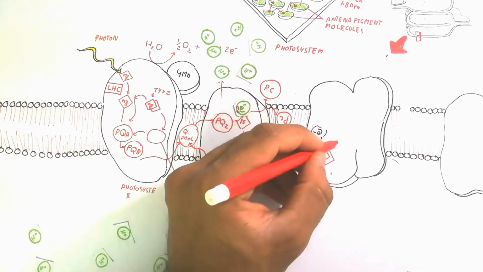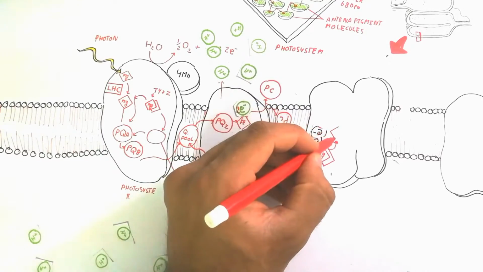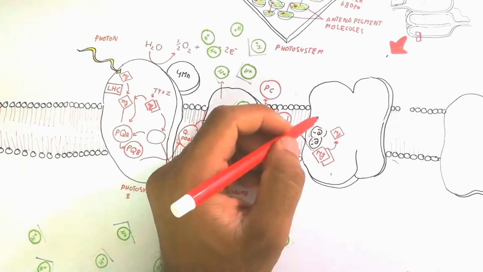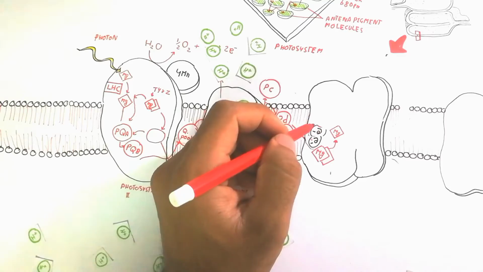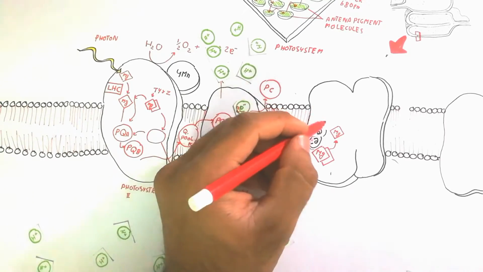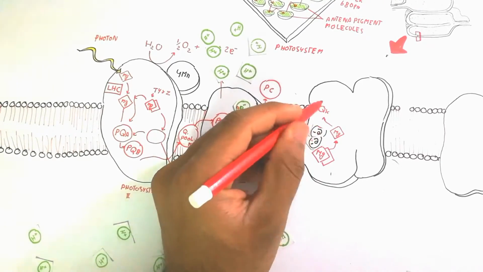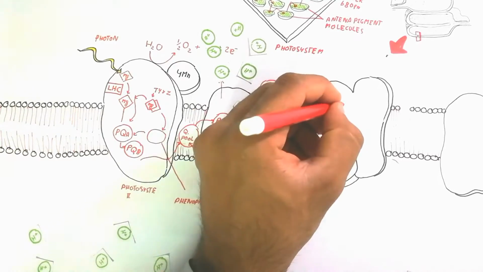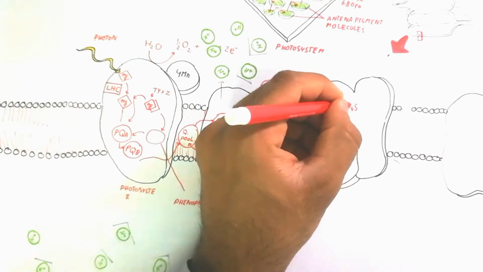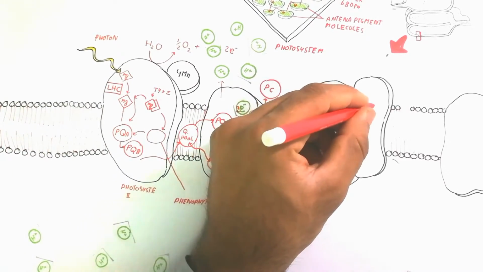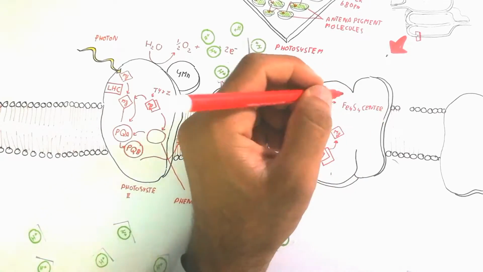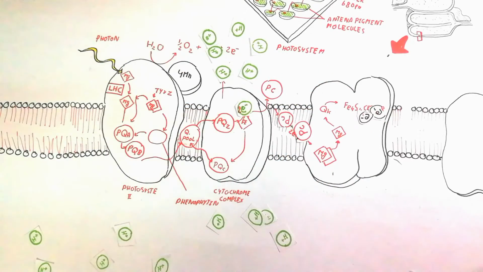Plastocyanin transfers the 2 electrons into the magnesium special pair, and then plastocyanin goes back again to accept another electron, and the cycle continues, back toward the cytochrome complex.